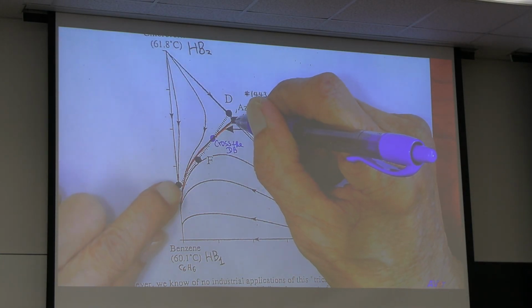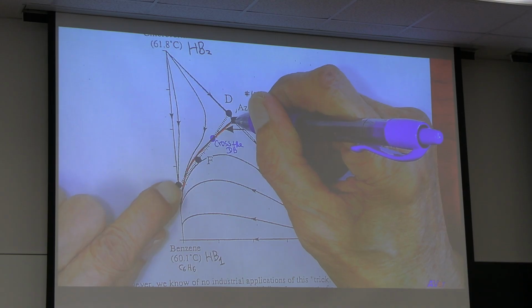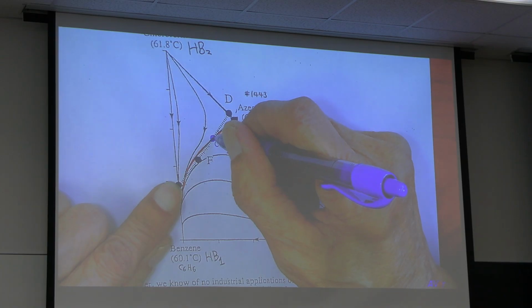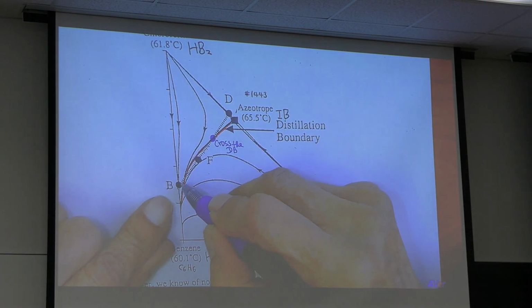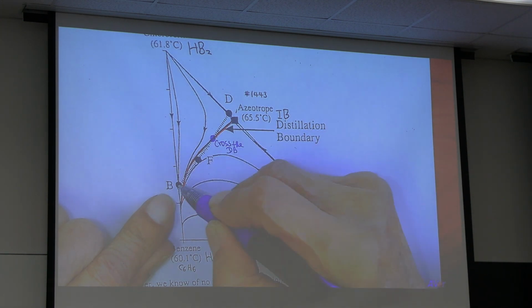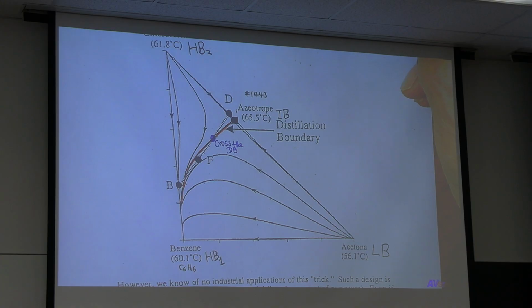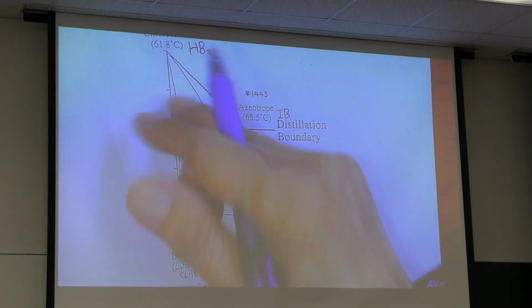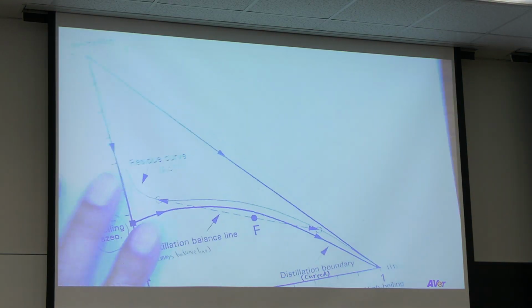Both products are on the same side of distillation boundary. So, feed, product. Is this feasible? Yes. Do people use some trick to work on this? Let me give you better plot on the next page.